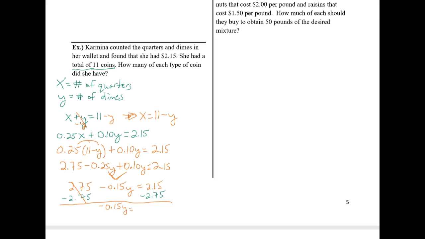And 2.15 minus 2.75 is going to give me a negative 0.6. Divide both sides by negative 0.15. And I end up with y equals 4. And remember, y was the number of dimes. So I have 4 dimes.